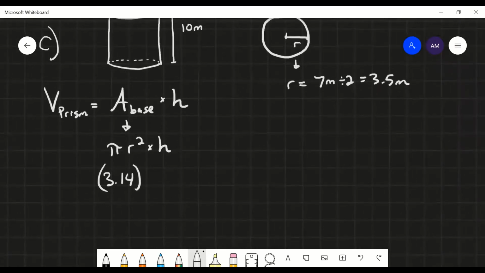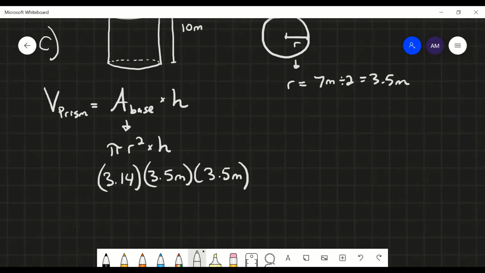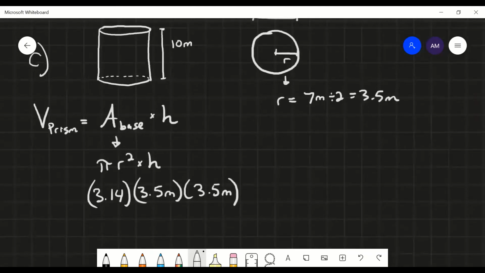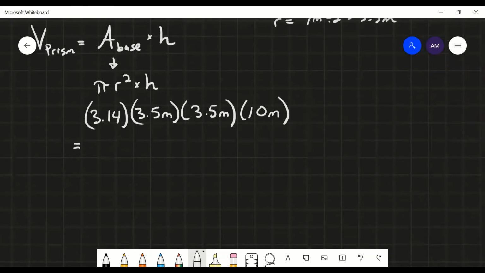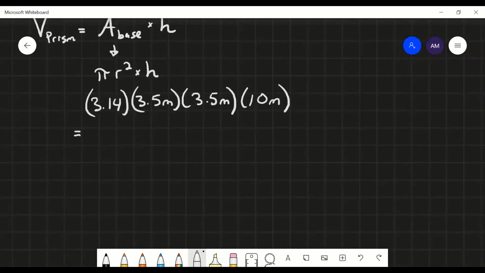The radius is 3.5 meters times 3.5 meters because it's squared times the height, which is 10 in this example. What does this make? Well, let's put this into a calculator. So 3.14 times 3.5 times 3.5 times 10. So I'm getting 384.65 meters cubed.